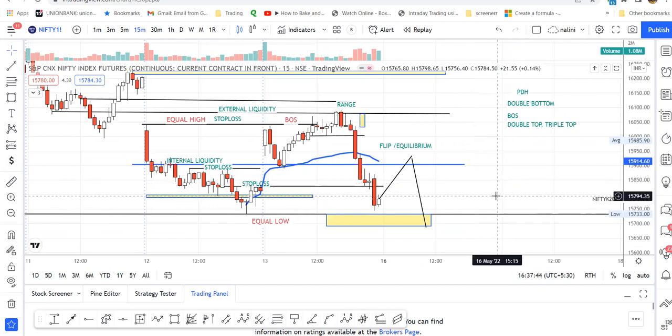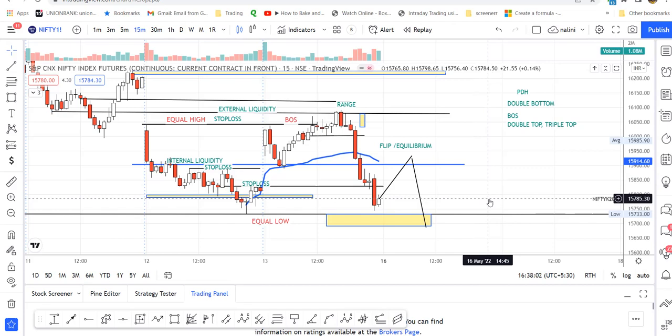This liquidity hunt is taking place in all time frames because it is fractal. Even if you go to a lower time frame like 5 minutes, 3 minutes, 1 minute, you can see the liquidity graphs.